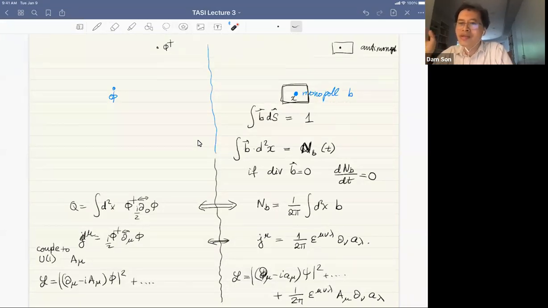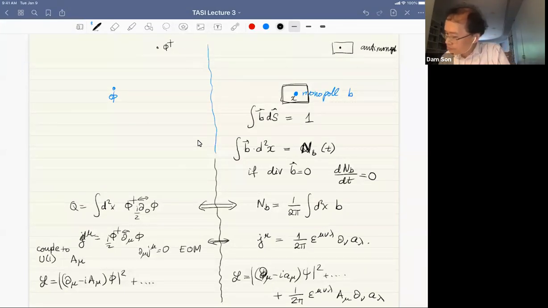So then one can see that the current on one side, whose conservation law d mu j mu is equal to 0, is the consequence of the equation of motion. On the other side, the conservation of this current doesn't depend on the equation of motion, just the Bianchi identity.